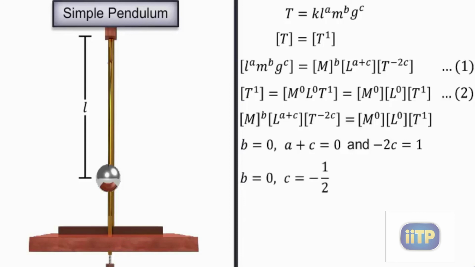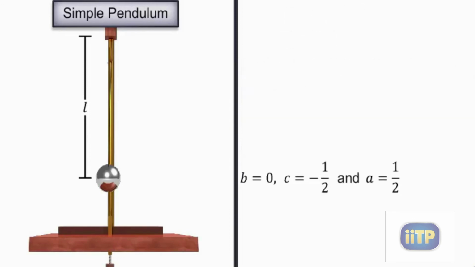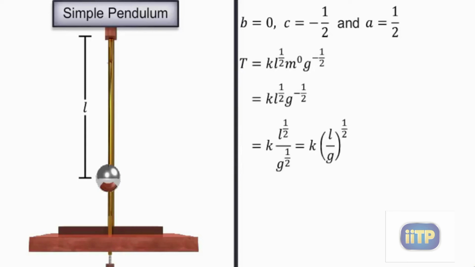Thus, the expression for the time period of the simple pendulum becomes 2 pi into the square root of L by G as shown. The value of k, which is equal to 2 pi, cannot be found by using dimensional analysis.